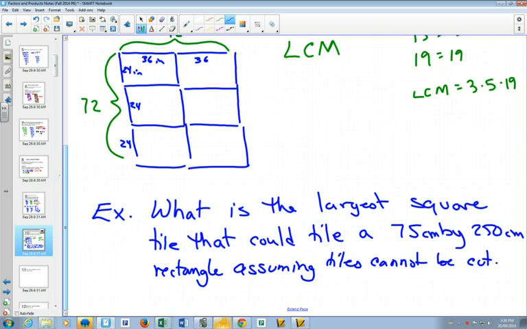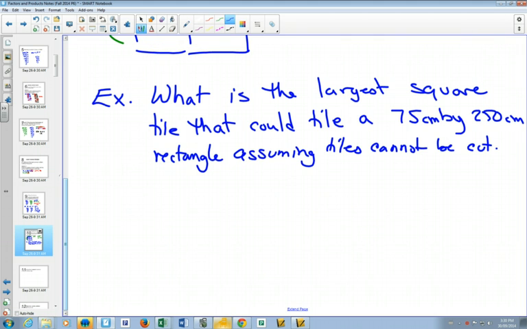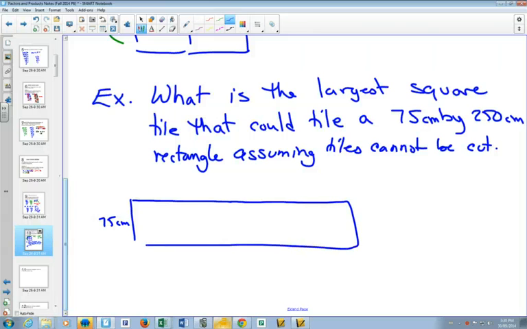But now we're imagining we have 75 centimeters here and 250 centimeters here. It's quite long, quite a bit more than 75, again not to scale. Can you see that 1 centimeter squares would fit?